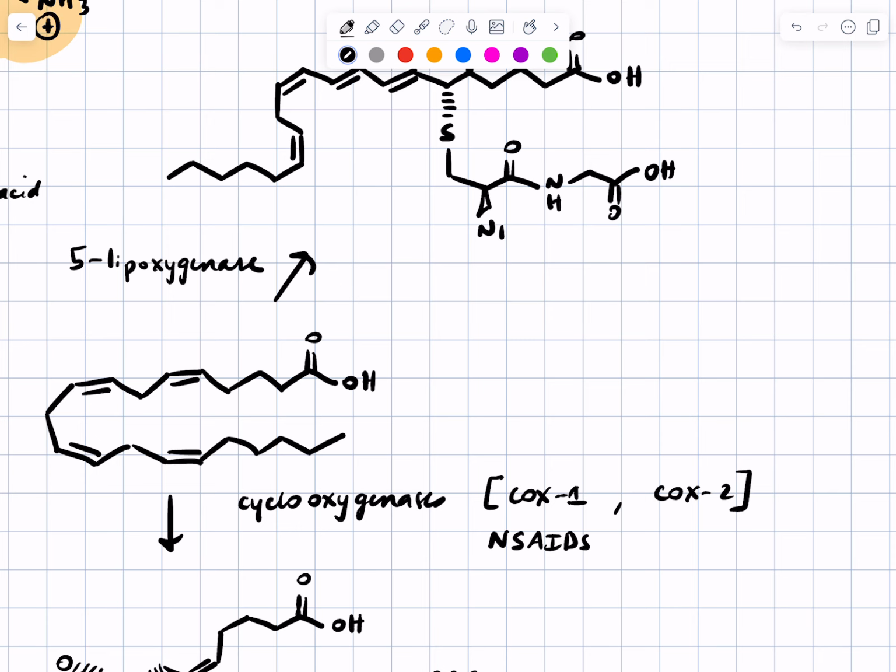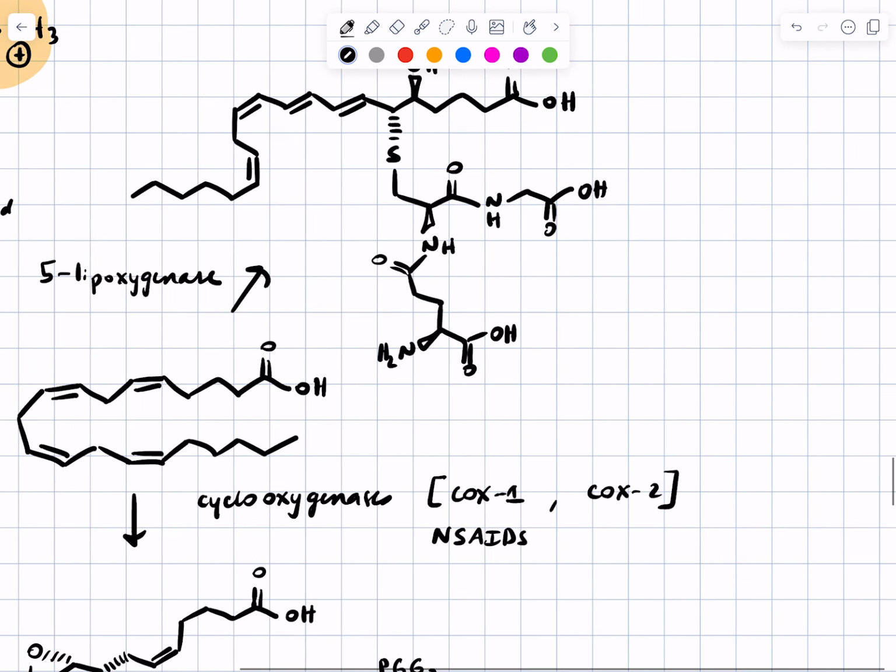Then bonded to this nitrogen is a glutamic acid side chain carboxylic acid. And this is called LTC4, which is an example of a leukotriene.